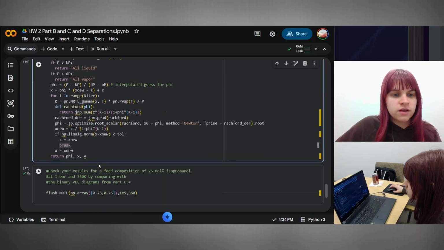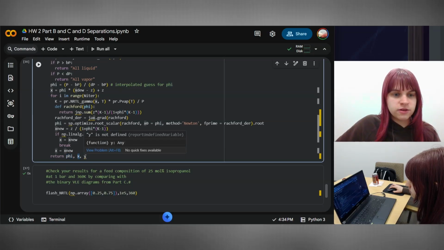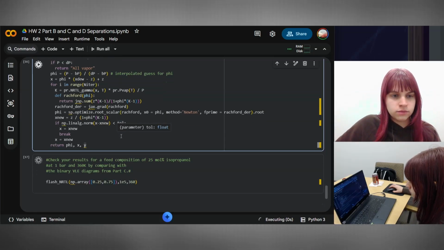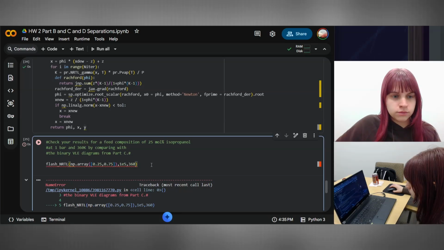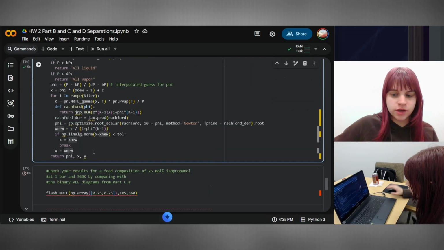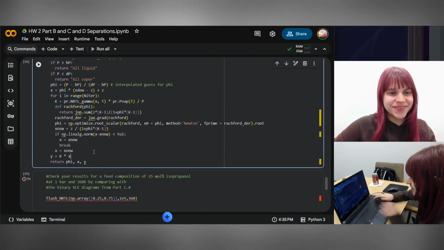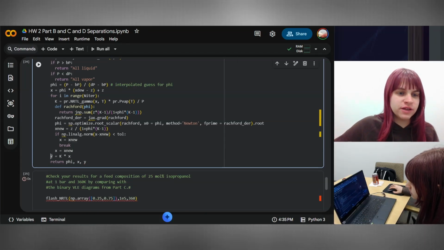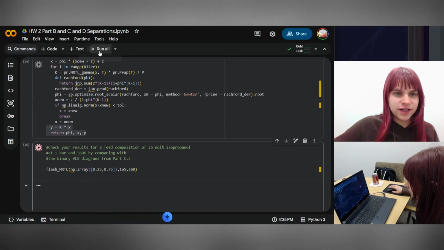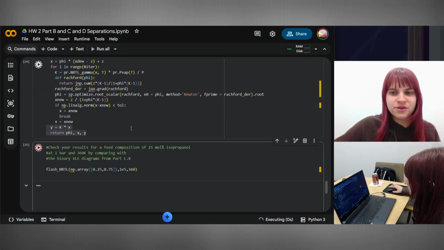So hopefully when I run this, it'll return our phi, our liquid composition, and our vapor composition. Another thing that I didn't do was define what y was, so we know that y is equal to k times x, and now it should be able to calculate y and give that to us. That's why I was getting the y is not defined error, because I was not telling it how to calculate y.